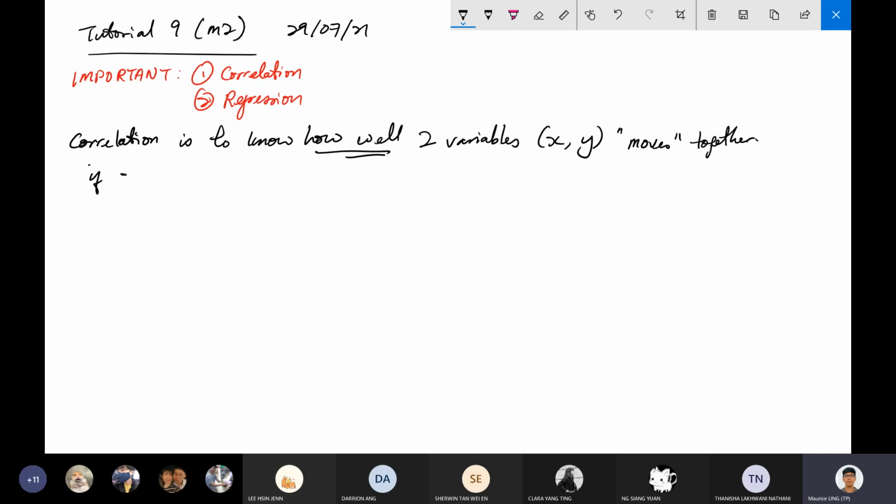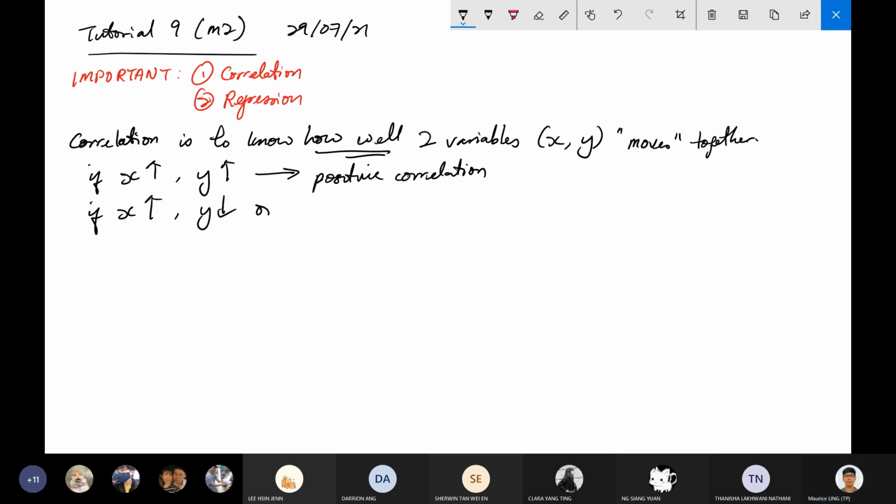For example, if x increases, y also increases, then we say that it is a positive correlation. Now, if it's the opposite direction, if x increases and y decreases, or x decreases and y increases, then we say that it is a negative correlation.